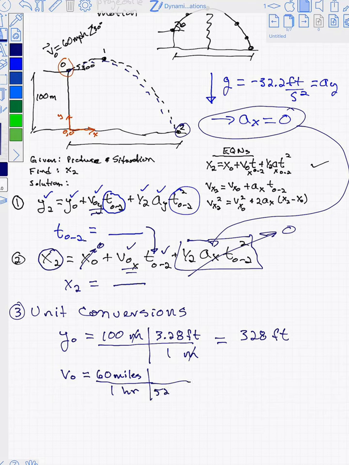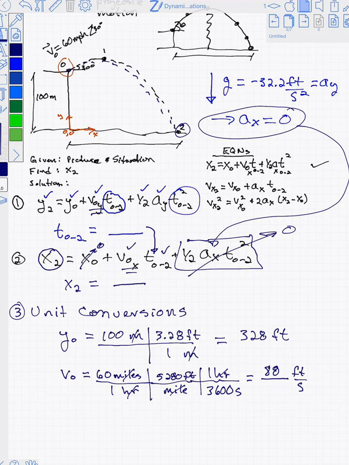There are 5,280 feet in a mile, and in 1 hour there are 60 times 60, or 3,600 seconds. So the hours will cancel, the miles will cancel, and we'll get an answer in feet per second. To do that math, I believe you get 88 feet per second.